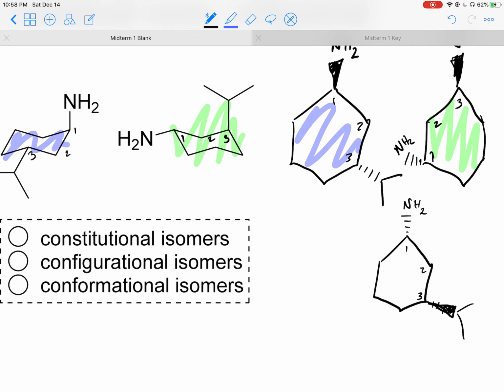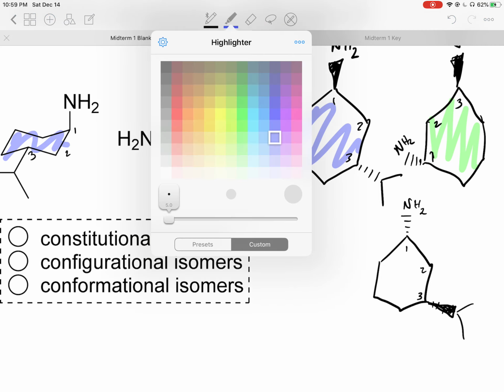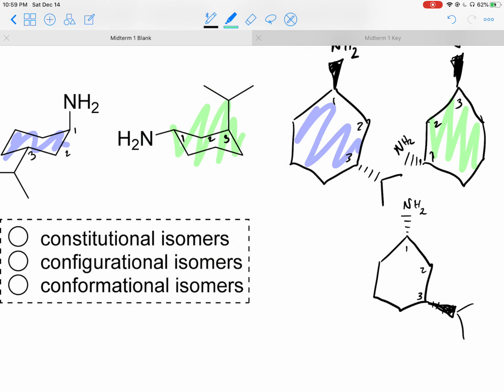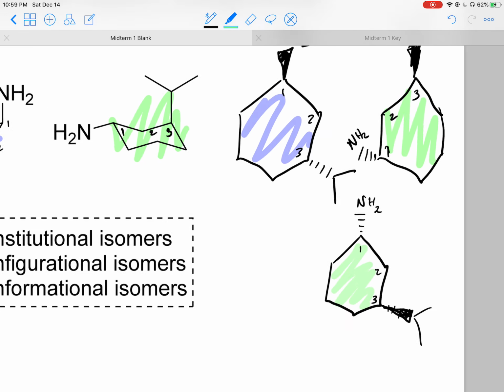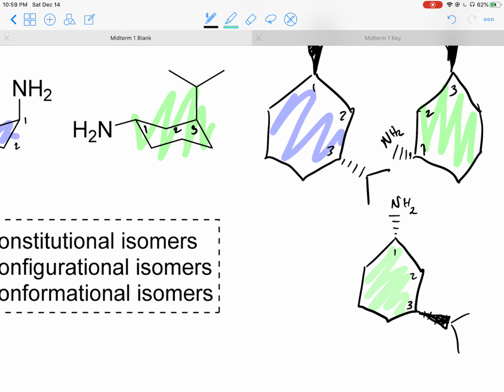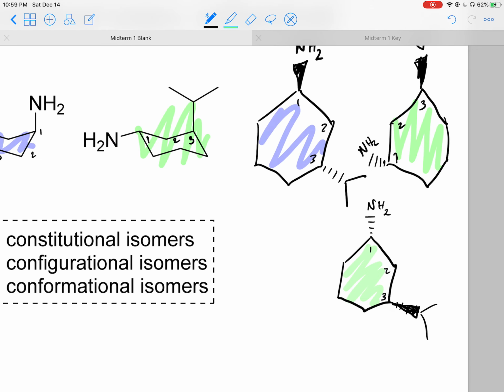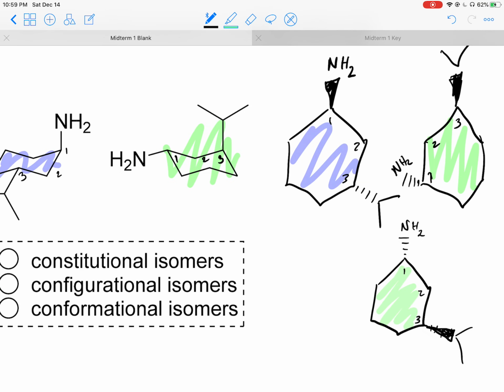So as you can see, these are not identical when we're drawing them in the cyclohexane way. They're still not the same because the stereochemistry is switched.